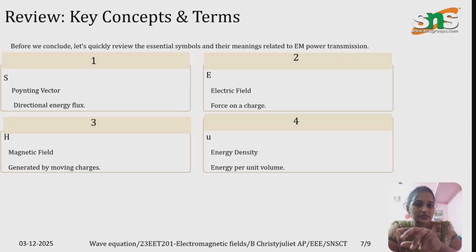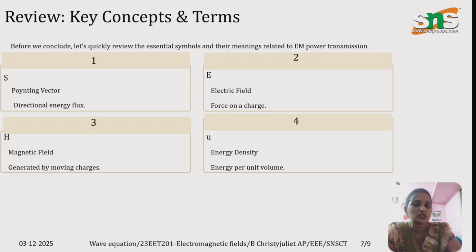By calculating the S vector, we can easily find the electromagnetic power. Through this video, we have first understood what electromagnetic power transmission is and where it is used, how we can calculate electromagnetic power for different mediums through Poynting vectors, and finally for a plane, how we can calculate the electromagnetic power by integrating the Poynting vector.